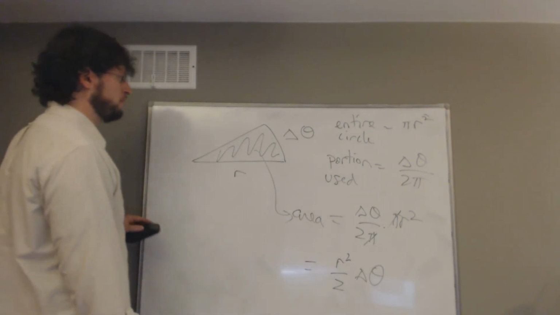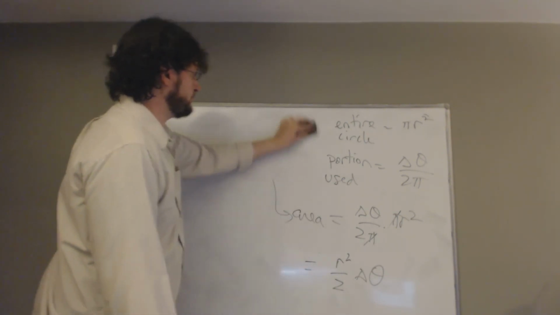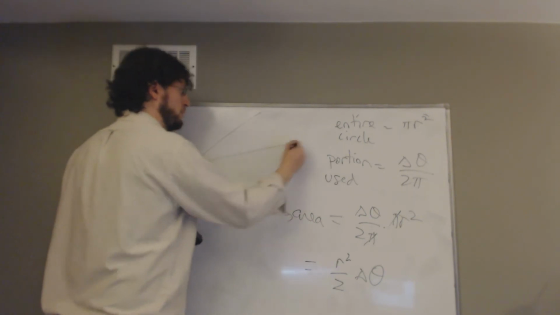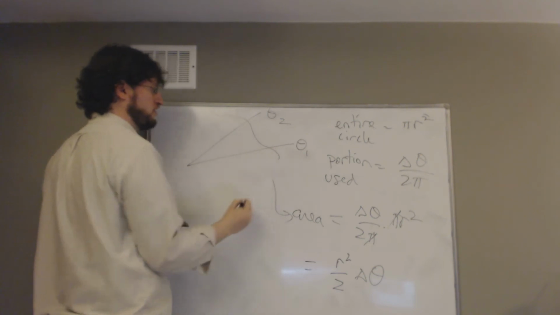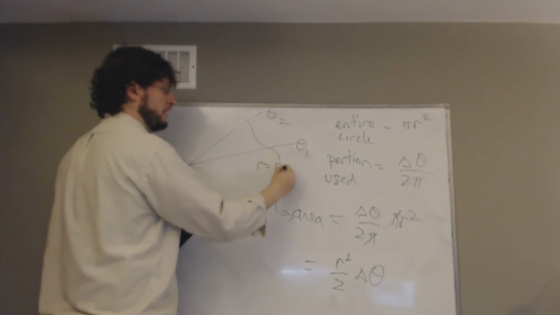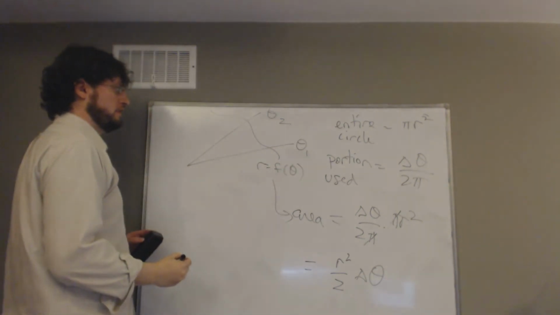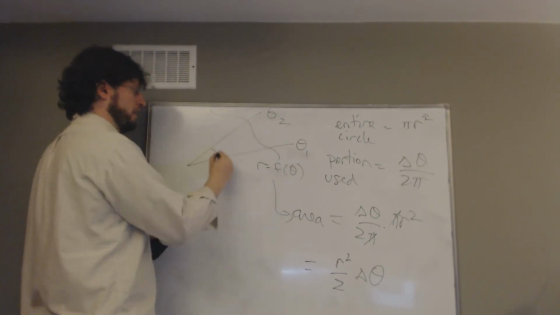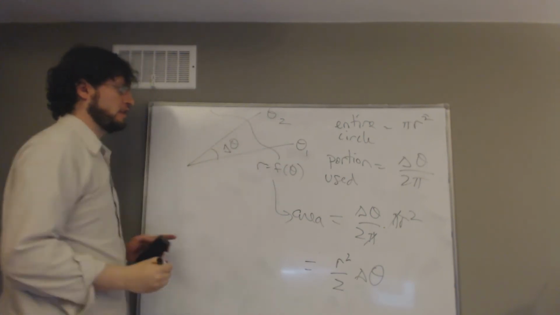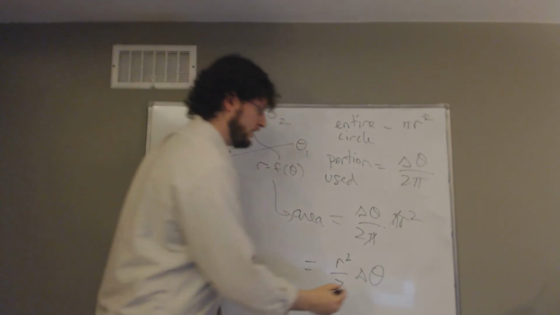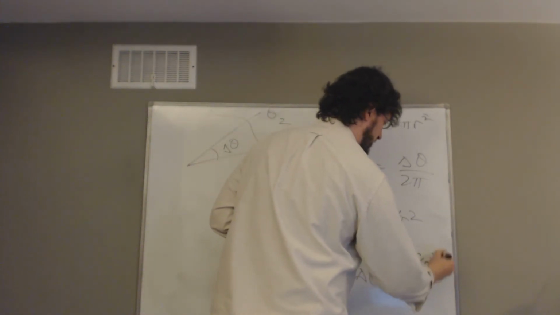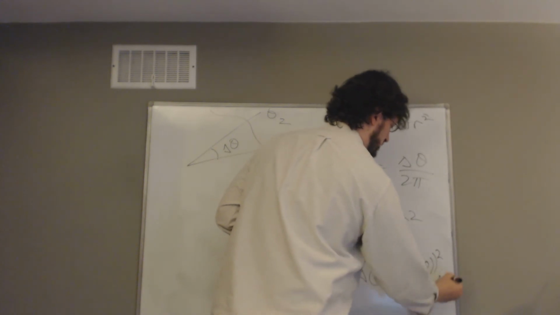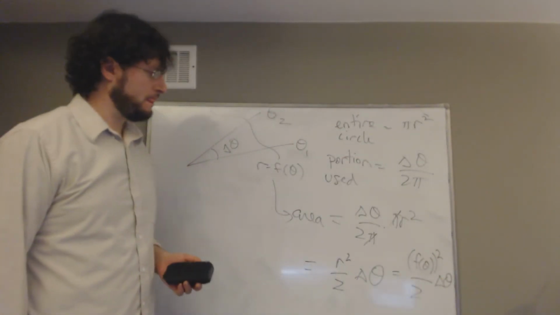Remember where this came from. This came from our bigger picture, where we actually had a theta 1, a theta 2. We had a function, r equals f at theta, and then this was our d theta in here, our delta theta here. So r really was f at theta, and so I'm going to think about this as f at theta squared over 2 delta theta.